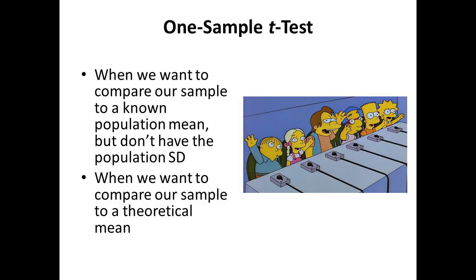So sometimes if you want to see whether students' scores on a multiple choice test are better than what they would get by chance, instead of being, say, better than 0 or better than something else, you would want to compare your sample mean to a theoretical population standard mean of 0.25 or 25%. So it's essentially a theoretical population.